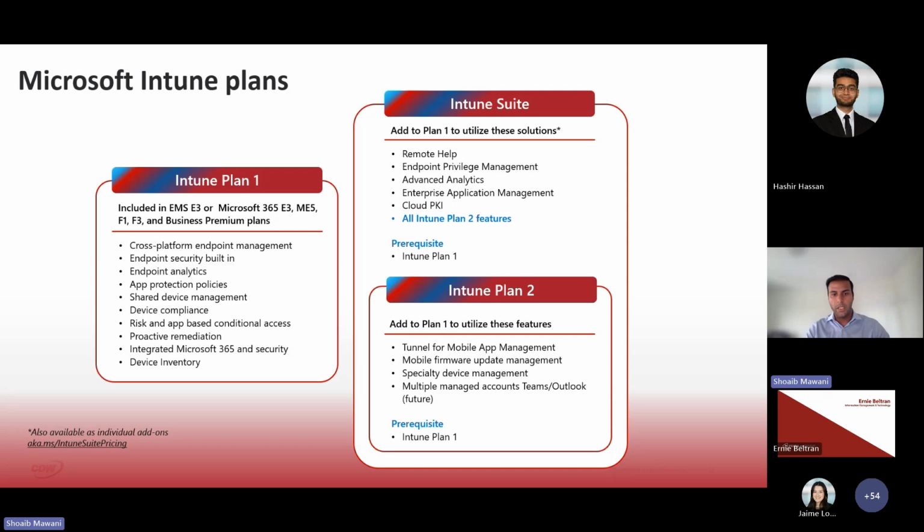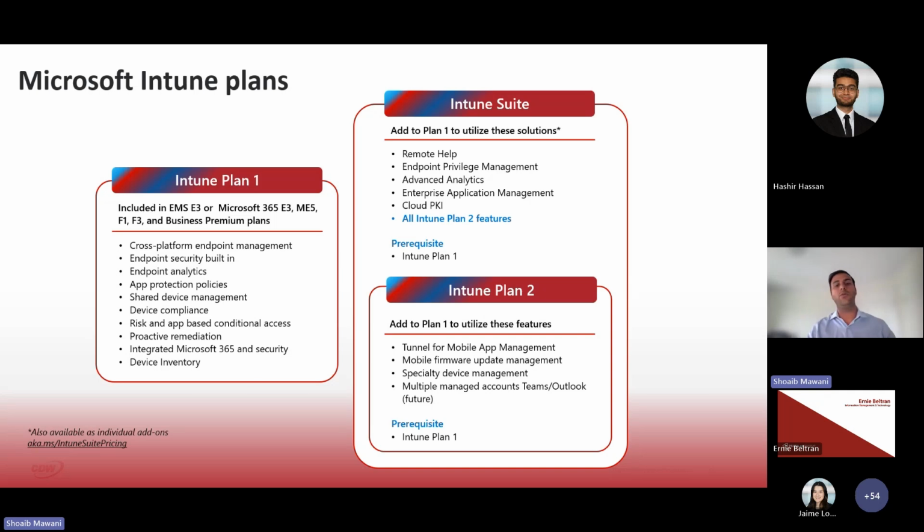So keep in mind, guys, whatever features from Intune Suite that we've discussed over here are available only if you have Intune Plan 1 as a prerequisite, right? So make sure that Intune Plan 1 is a requirement as a prerequisite. Intune Plan 1 has stayed exactly the same. No changes have been made to it. It is still available to you through the Business Premium, M365 E3, E5, EMS E3, F1, and F3 plans.